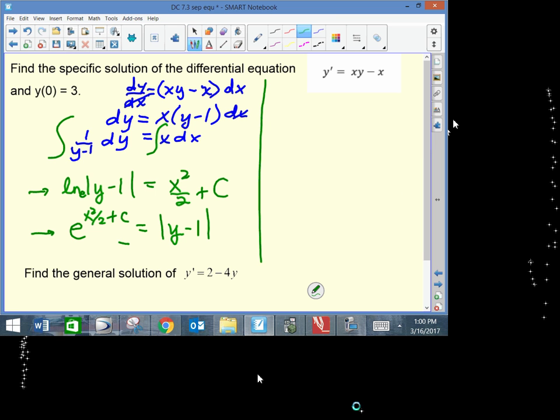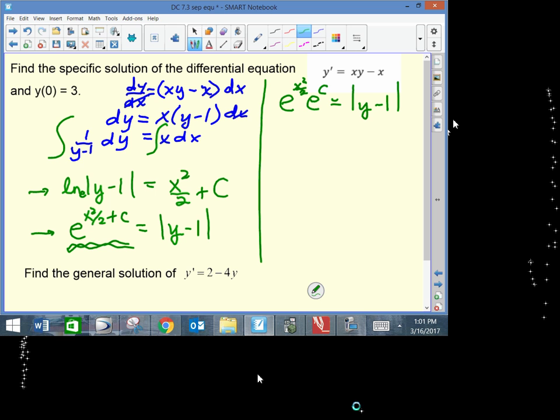So what does this become? K times e to the x squared over 2. Let me scoot it down, I'll do it step by step. I like to rearrange it so that it's in the order that spells key.